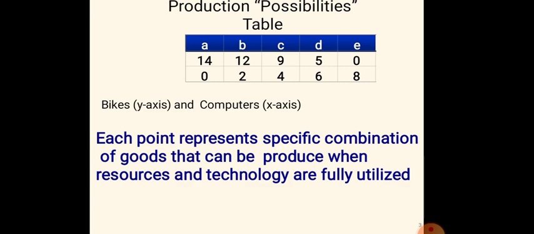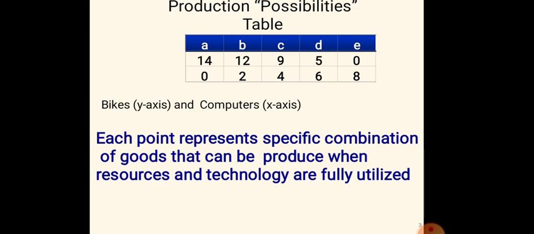Let us discuss the production possibility schedule. It is just a table showing different possible combinations of any two goods that can be produced when resources and technology are fully and efficiently utilized.